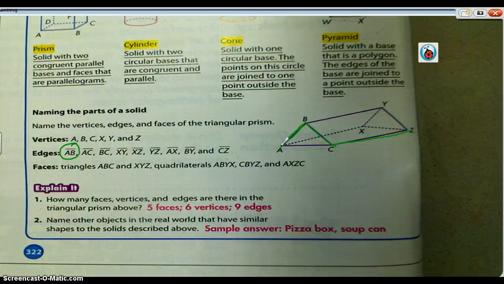Okay? And then when we talk about faces, we're using all the letters that form the vertices of each face. For example, I'll use red, which is probably going to be the easiest. If I want to talk about this face right here, this front side, I would call it BYZC.